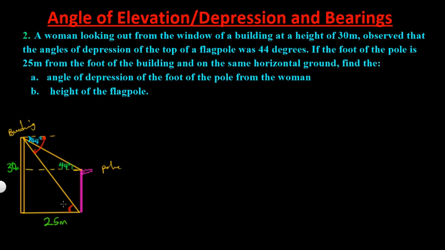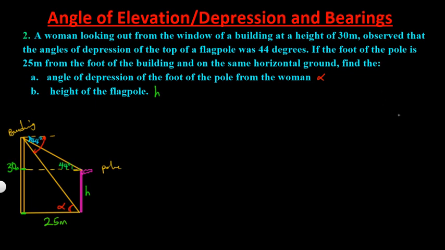So let's label that as alpha. We are interested in finding the alpha, and the height of the pole h, which is similar to from this point to this point, right? Because if we label this from here to here, it is the same thing as from here to here. So we want to find h and the alpha.